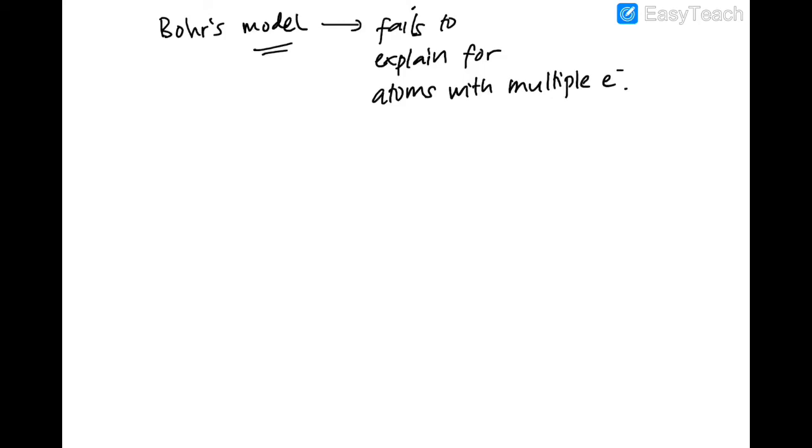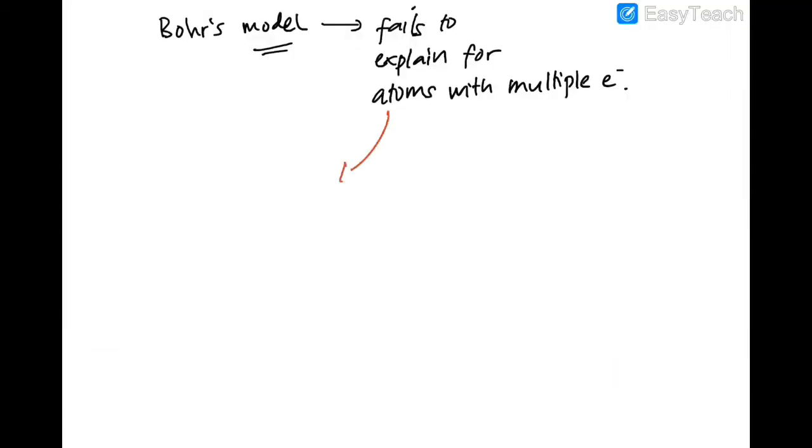So Bohr's model is mainly useful and accurate only for atoms with one electron. And obviously, in nature, most atoms have multiple electrons.